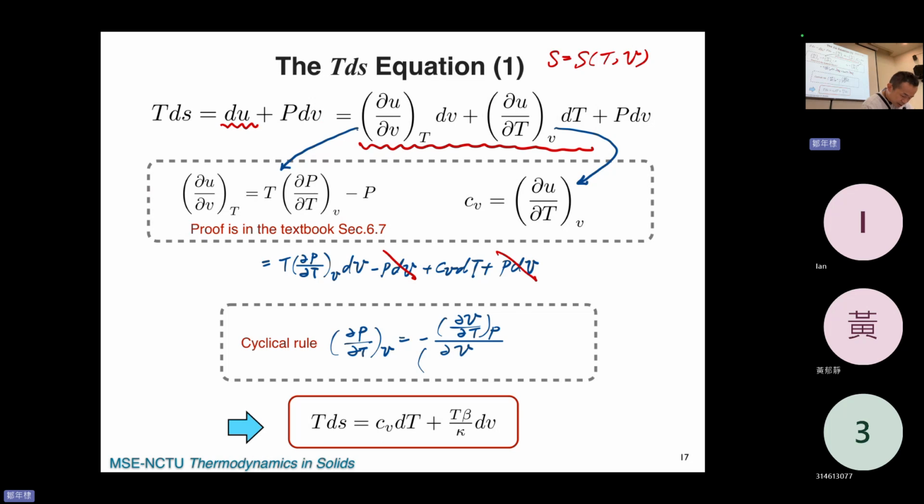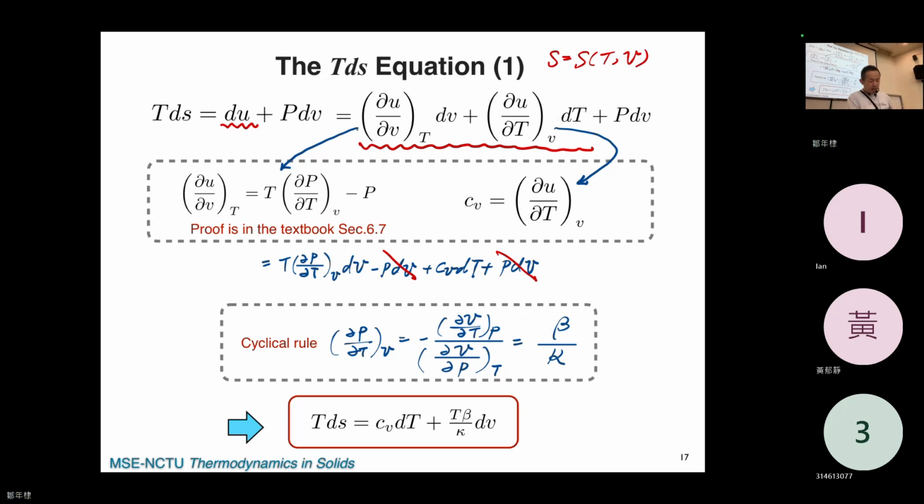So this trick can make something at the constant limitation become partial V, and two different partials at constant P, constant T. And then you find that this is beta, this is kappa, the expansivity and compressibility.